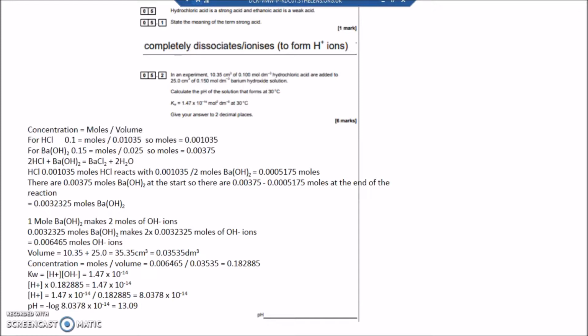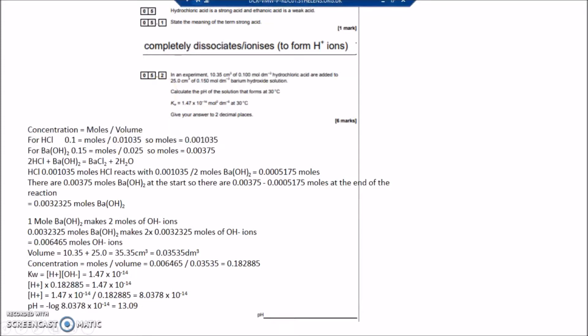So when 1 mole of barium hydroxide dissolves in water, 2 moles of hydroxide ions are made. So 0.003235 moles of barium hydroxide makes twice as much. That's 0.006465 moles of hydroxide ions that are made.